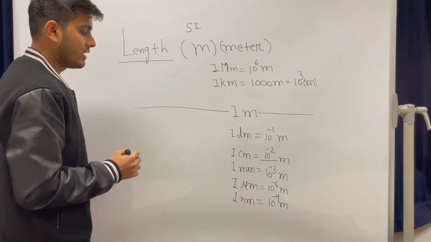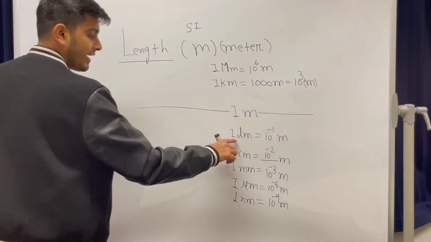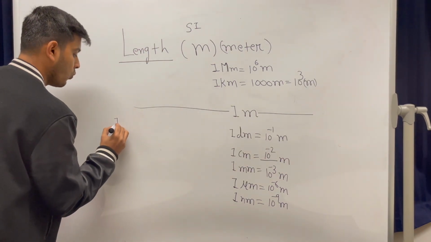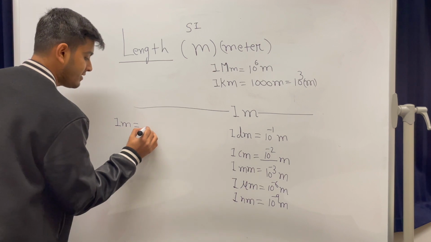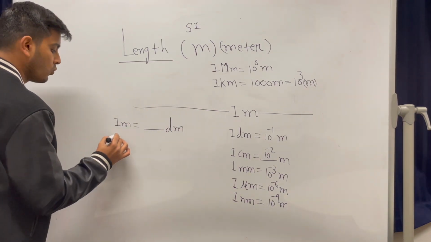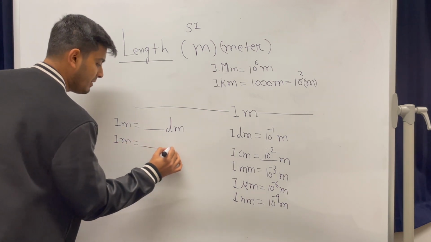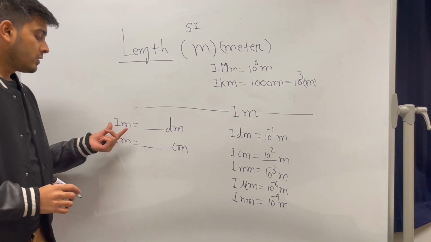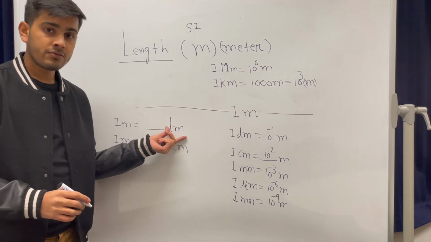Likewise, if 1 decimeter is 10 raised to power minus 1 meter, what about 1 meter is equal to how many decimeters? What about 1 meter is equal to how many centimeters? This time you are going from a bigger unit to a smaller unit.